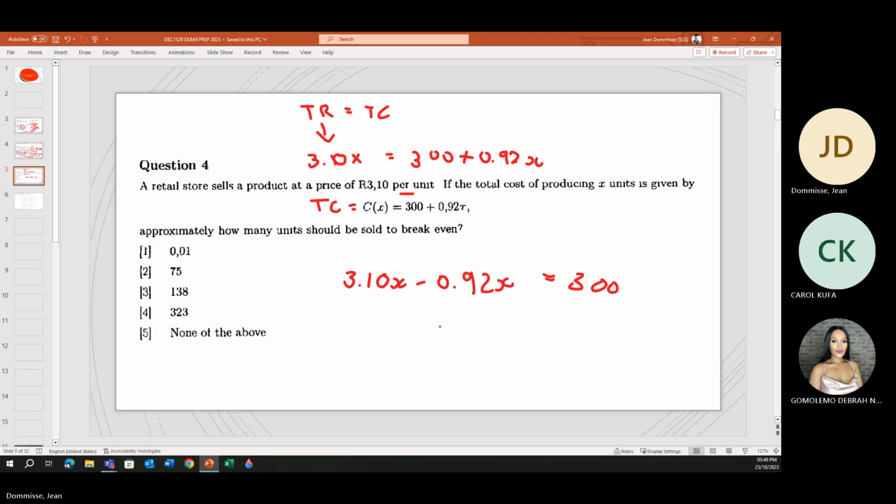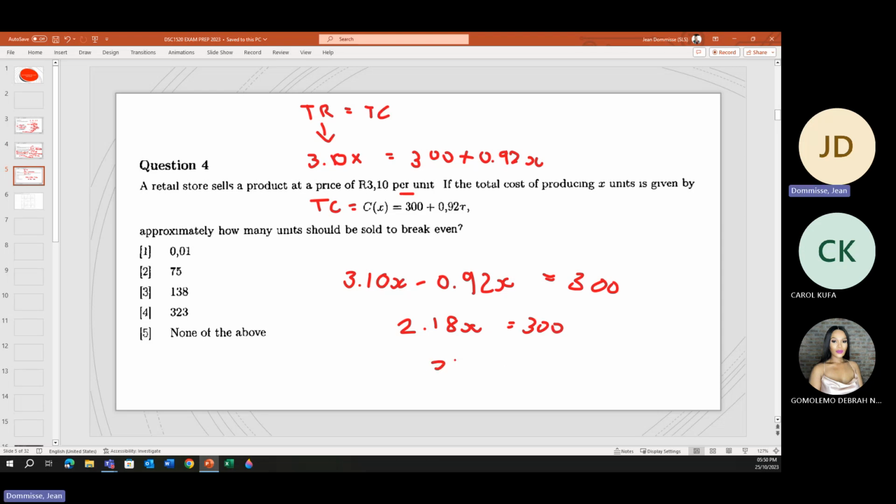Then I don't know why they need to give all the decimals, but that's fine. 2.18x is equal to 300.